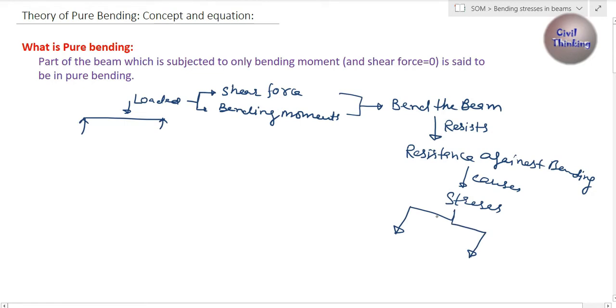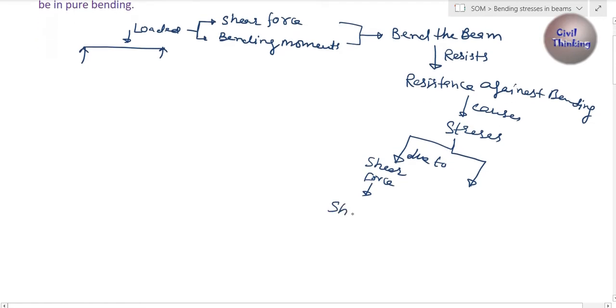Okay, now if the stress is caused by shear force, this is known as shear stress. Now if the stress is caused due to bending moment only, it's called bending stress, all right?